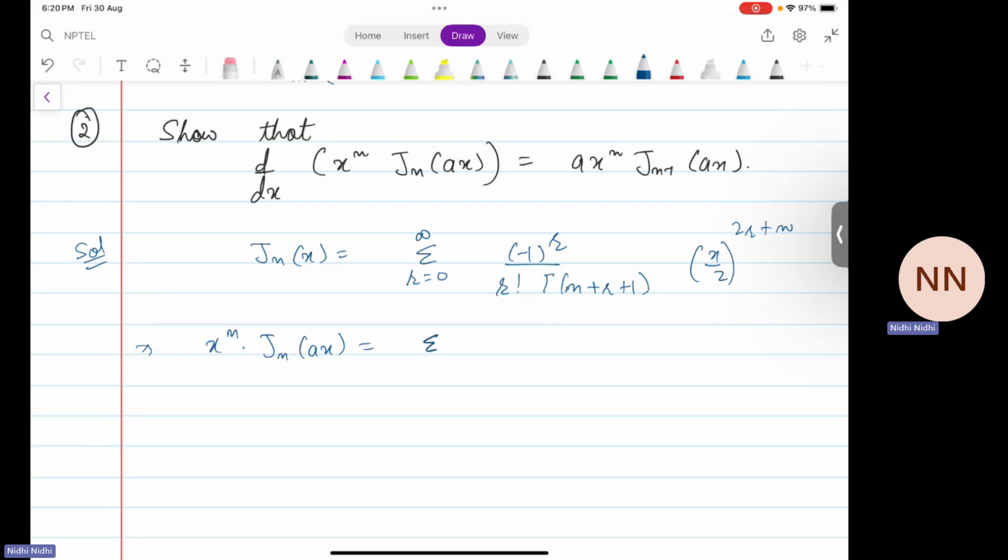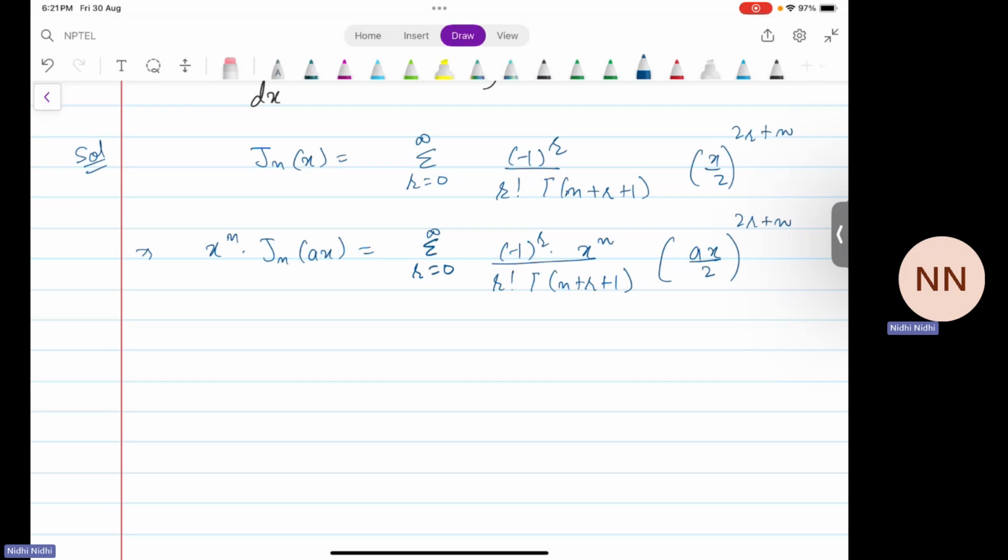So that would give us summation r from 0 to infinity, minus 1 to the power r, x to the power n by r factorial gamma n plus r plus 1, and here instead of x we have ax by 2, 2r plus n. Now we need to find its derivative.